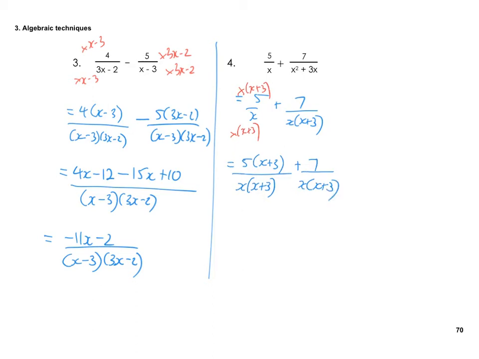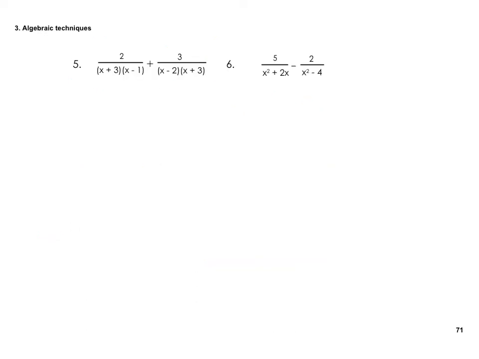Now at this point you might be thinking cross these off, but if you do that, you're just going back to the original question again. So let's keep going. 5x plus 15 plus 7 over x plus 3. That's going to be 5x plus 22 over x plus 3.